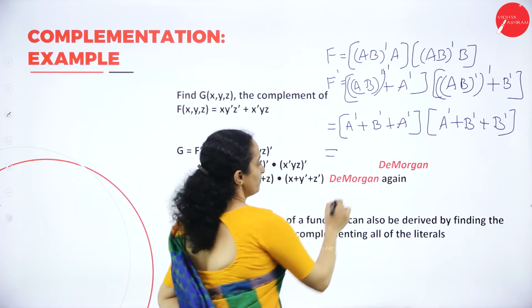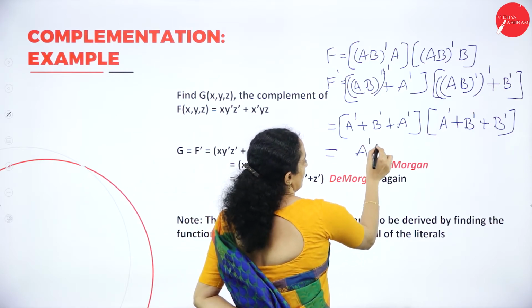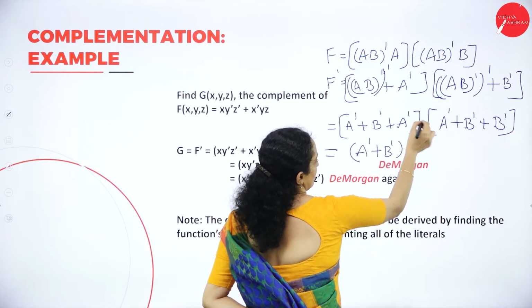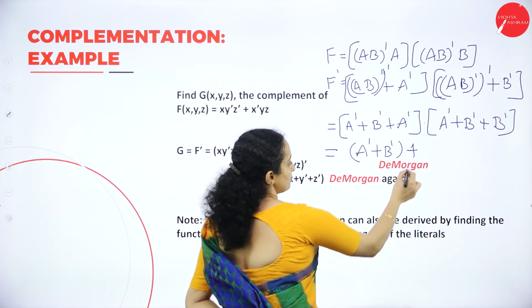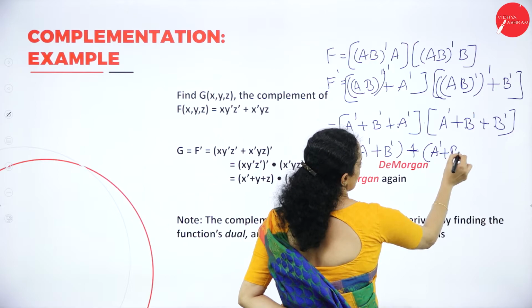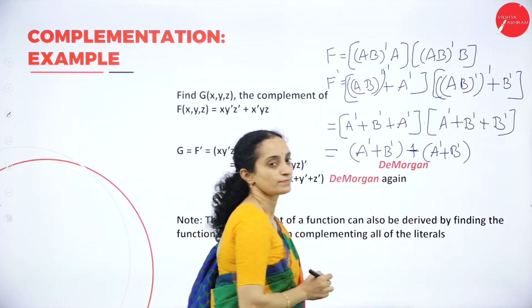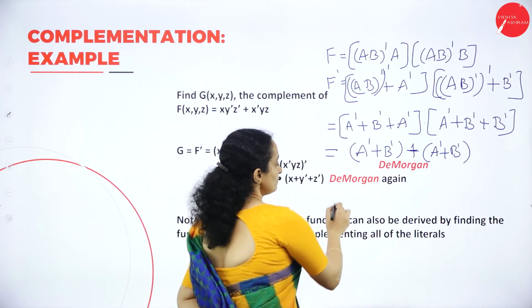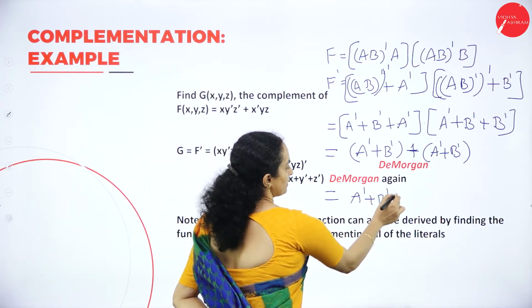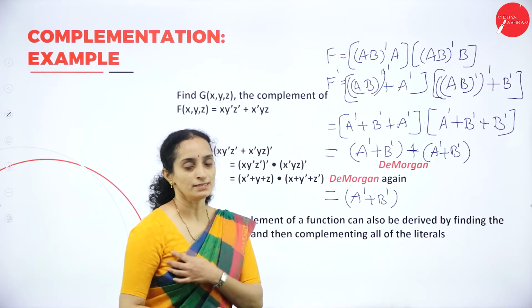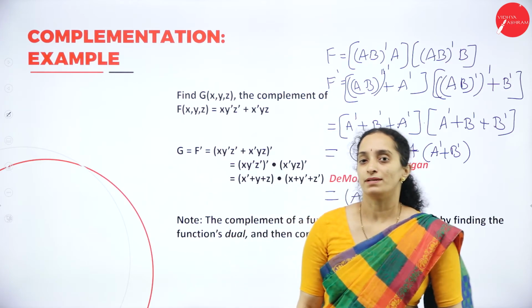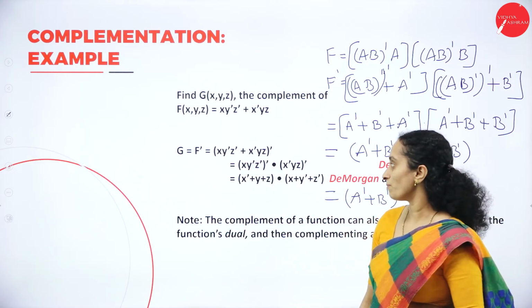This will become a dash plus b dash. Here you have multiplication operator. This will become plus a dash plus b dash. Okay. Total will take a dash. If you simplify this, this will become a dash plus b dash. Alright. So this is another example of how you find out the complement.